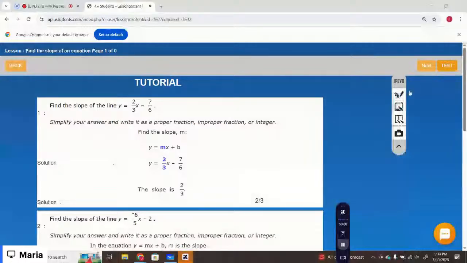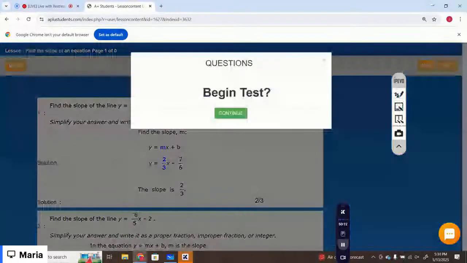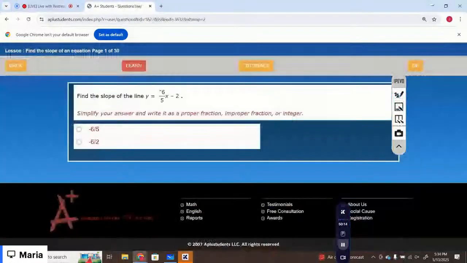Let's just start with the test questions. Find the slope of the line y equals negative 6 by 5x minus 2.